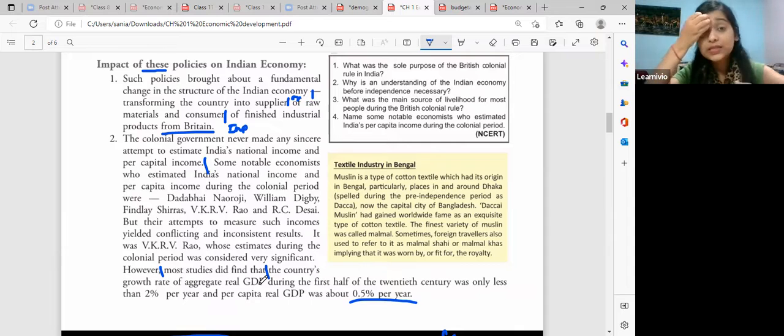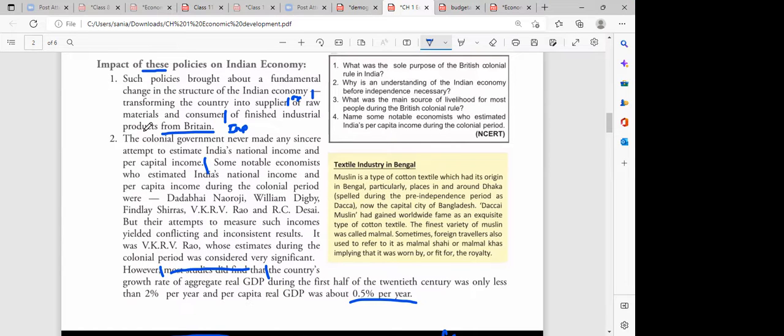For example, this year I earned 100 rupees, next year I'm earning 500 rupees, so that is a big percentage increase. But you just have to write: the country's growth rate of aggregate real GDP during the first half of the 20th century was only less than 2% per year, and the per capita real GDP was 0.5% per year. Clear? Okay, write it down.